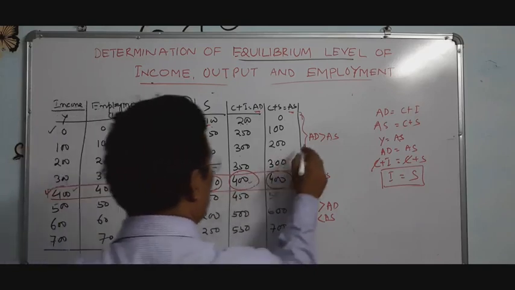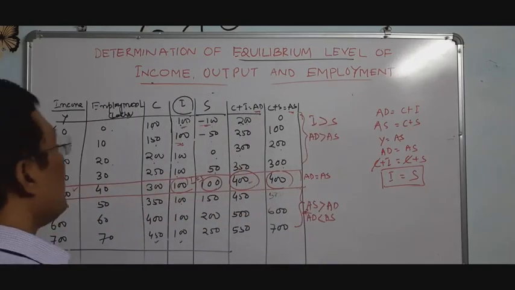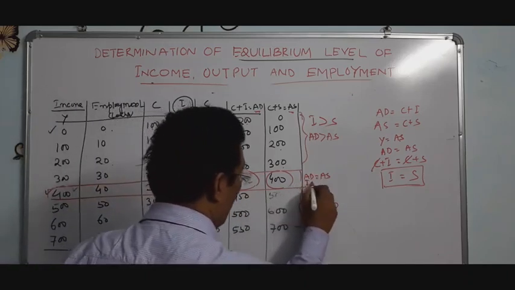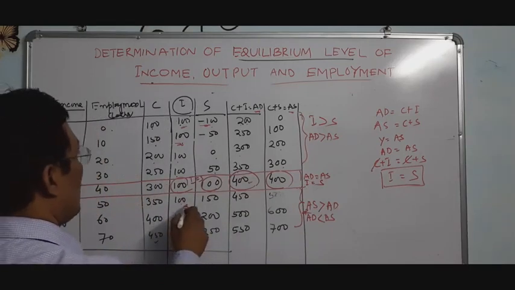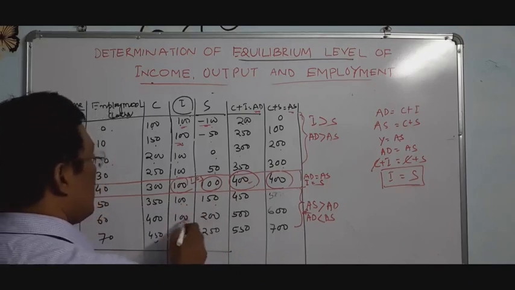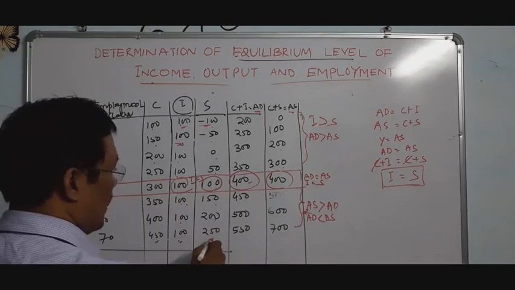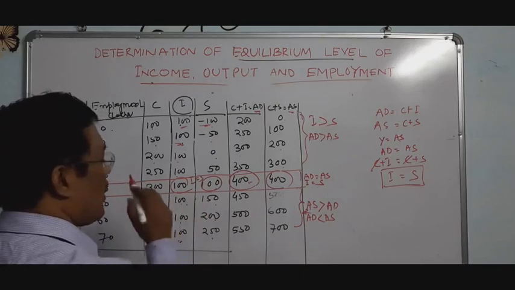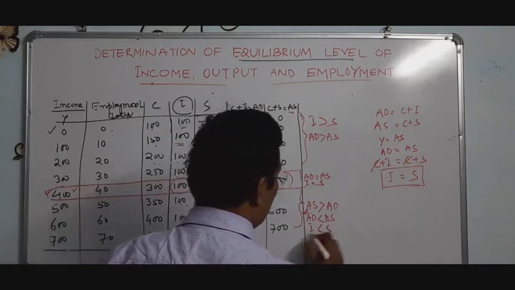So in this case, I is greater than S. After that, the situation is I equals S. After that, 100 level of investment, saving is 150. Investment 100, saving is 200. Investment 100, saving is 250. It means saving is greater than investment, or investment is less than saving.